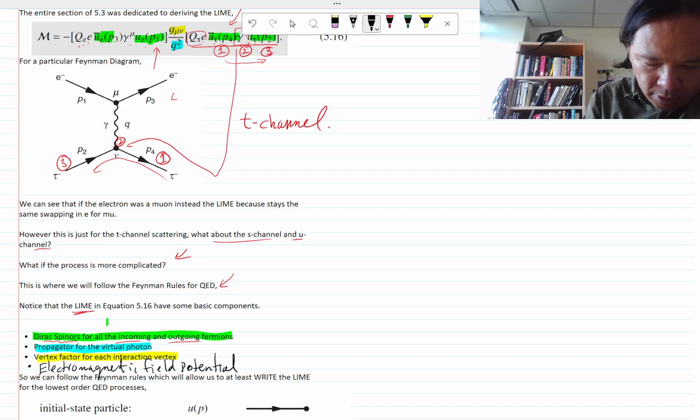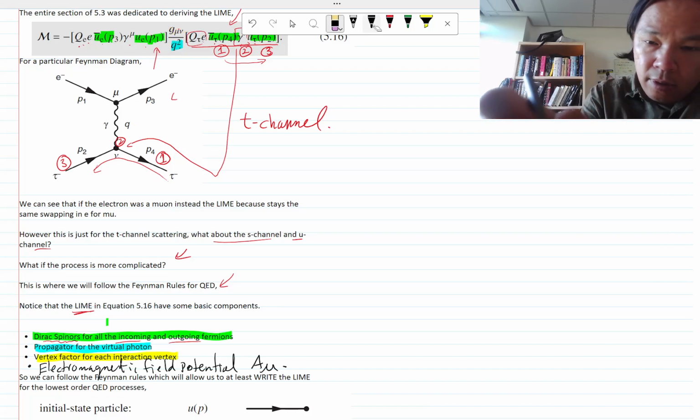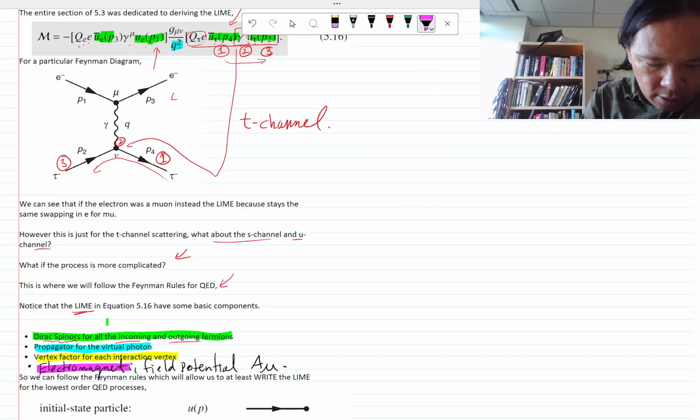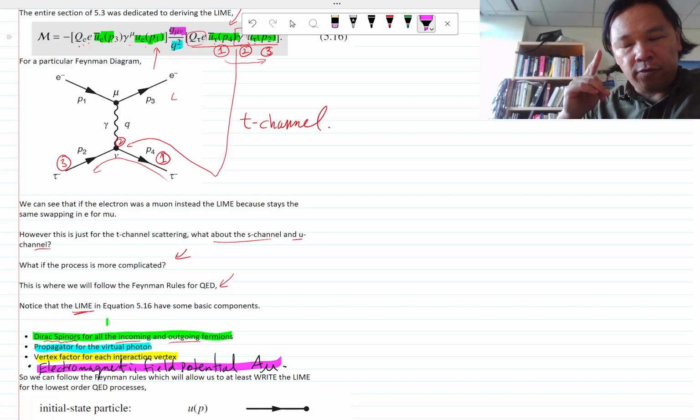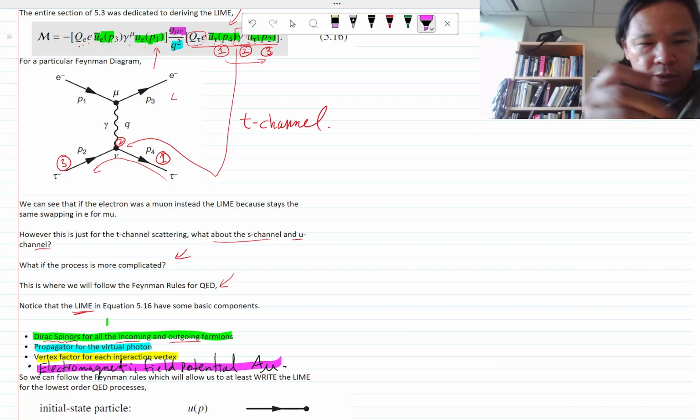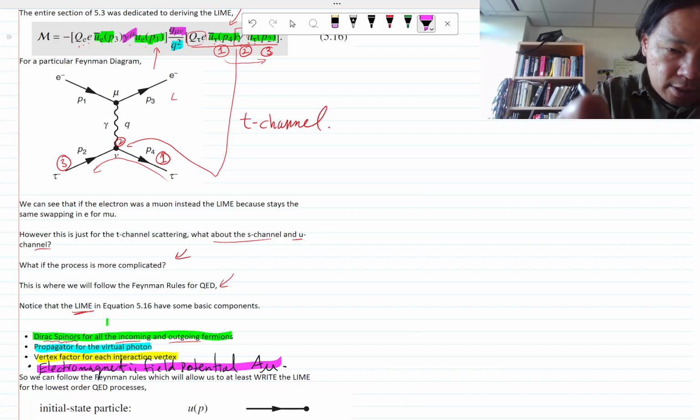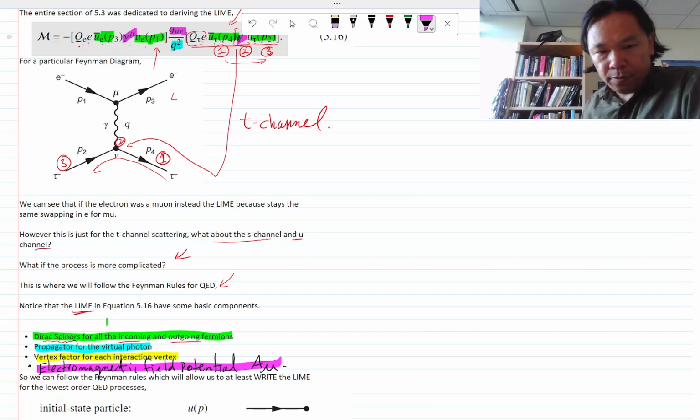You don't actually see the potential A mu right here, but you do see its effect. Let's do that in magenta, in this g mu nu, which is the summation over the different polarizations. And you also see this in this gamma mu stuff up here.